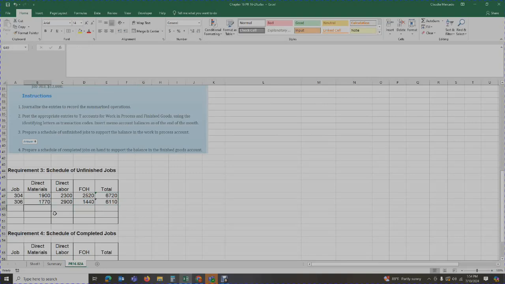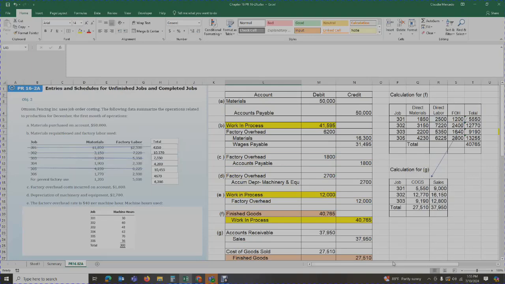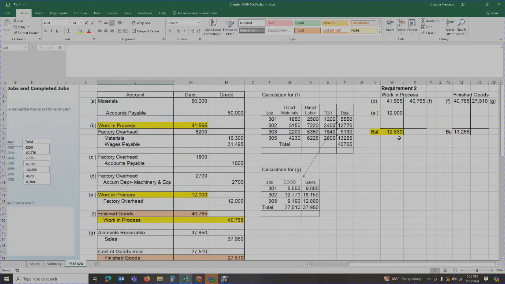So my ending balance for my 2 jobs that have not been completed is $12,830. Okay. Now what is that number? That number should tie to this number over here, $12,830.